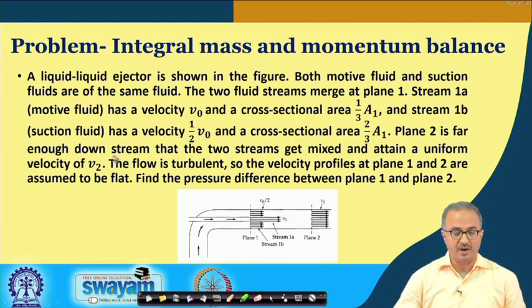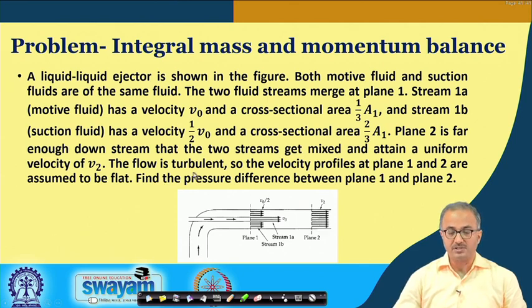Plane 2 is far enough downstream that the two streams get mixed and attain a uniform velocity V2. That means we have put plane 2 over here, at a sufficiently long distance from the inlet, so that both the fluids have mixed thoroughly and attained a uniform velocity.